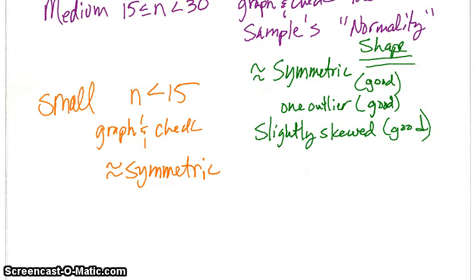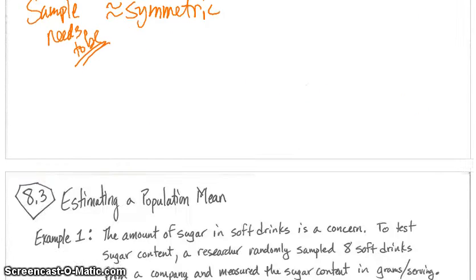So sample needs to be approximately symmetric. Okay. For further clarification, make sure to check your notes from class or to read the book because the book is fantastic. All right, so let's look at our first example.